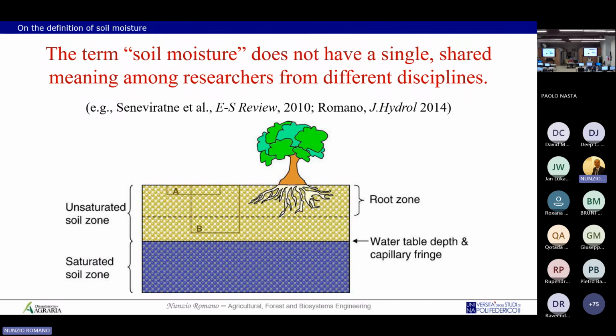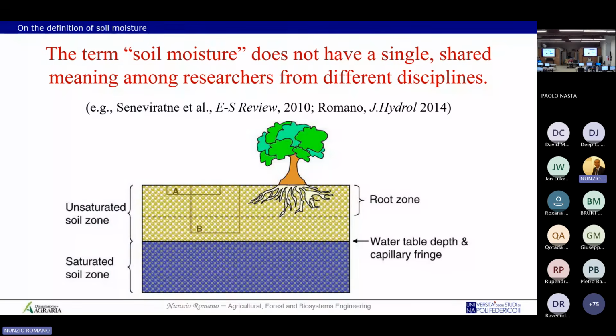From the practical point of view, we can consider the soil water content in a point, just a very small volume of our system, and you measure the content of water in this volume.